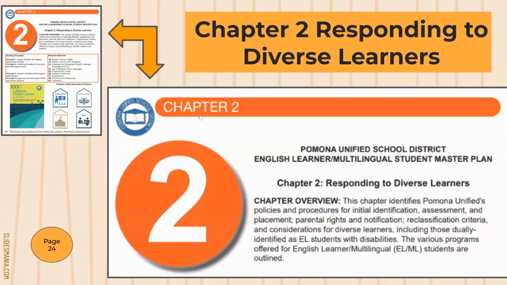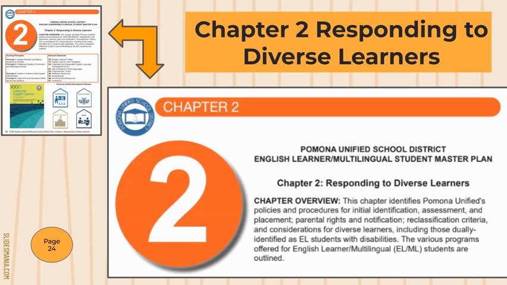Every chapter starts in a similar way. You can see the title of chapter 2 is called Responding to Diverse Learners. And what that means is in Pomona, we have all sorts of different types of English learners. Every child has different needs. And in this chapter, we really go through explaining what the policies and procedures are for identifying students.